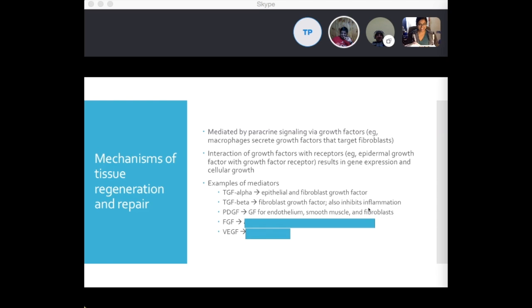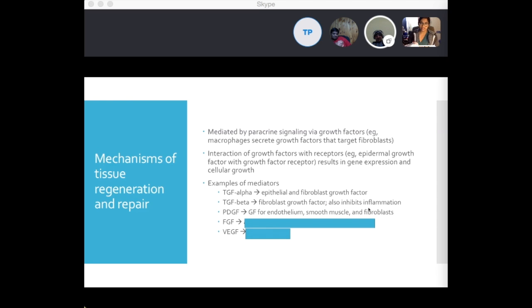How about FGF? What is this important for? Bone. Yes, for bone, but also for something that provides nutrients. Blood vessels.